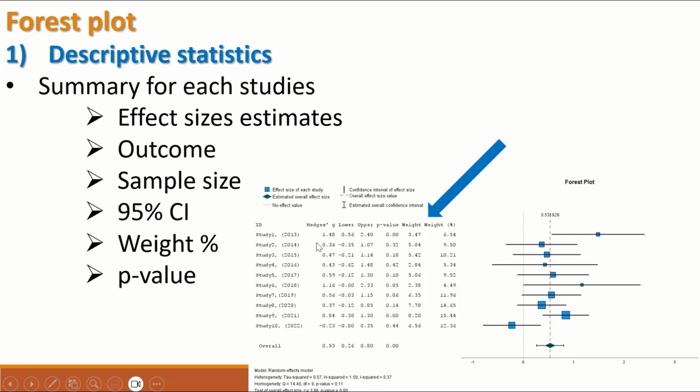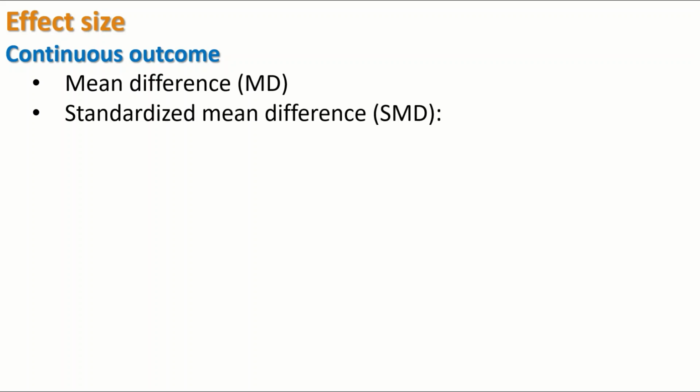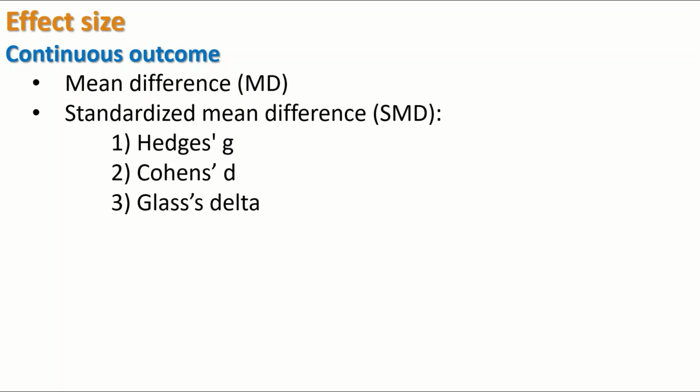There are different types of effect size depending on the outcome. If the outcome is continuous, the effect size could be the mean difference or the standardized mean difference, and that could be one of these taken or considered, such as the Hedges G, the Cohen's d, or Glass's delta.